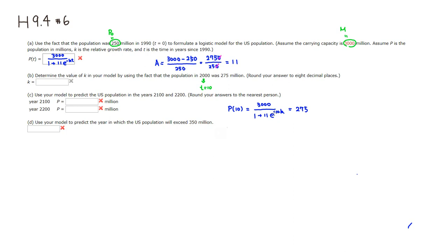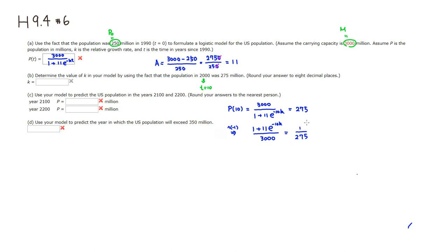So let's solve for k. First I'm going to just take the reciprocal of both sides, put everything upside down. So you have 1 plus 11 e to the negative 10k over 3,000 is equal to 1 over 275.